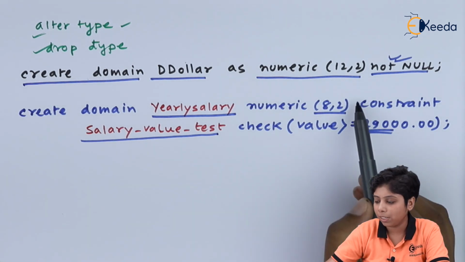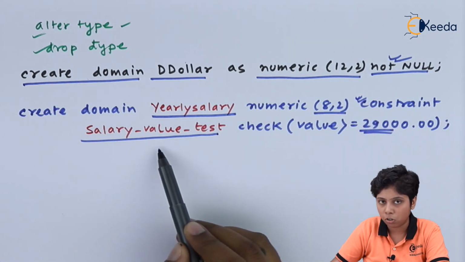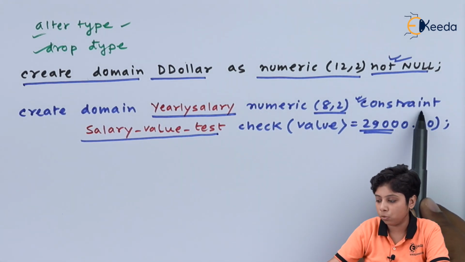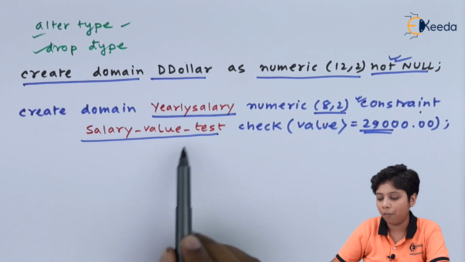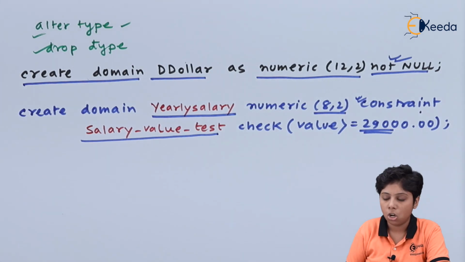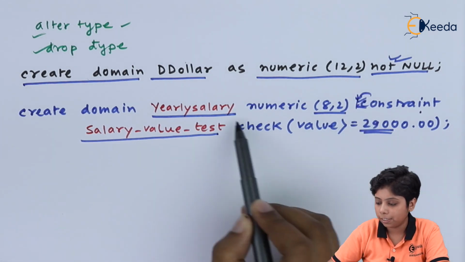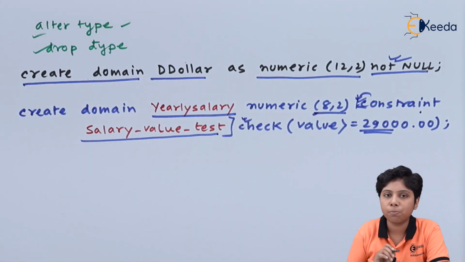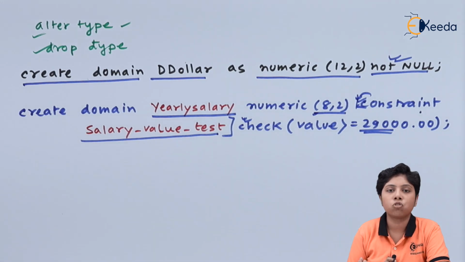We are also naming the constraint here, which is a key added feature: use the keyword constraint, then the name of the constraint, or you can directly write check after the numeric. It is always better to give a constraint name, because dropping the constraint will be easier this way.